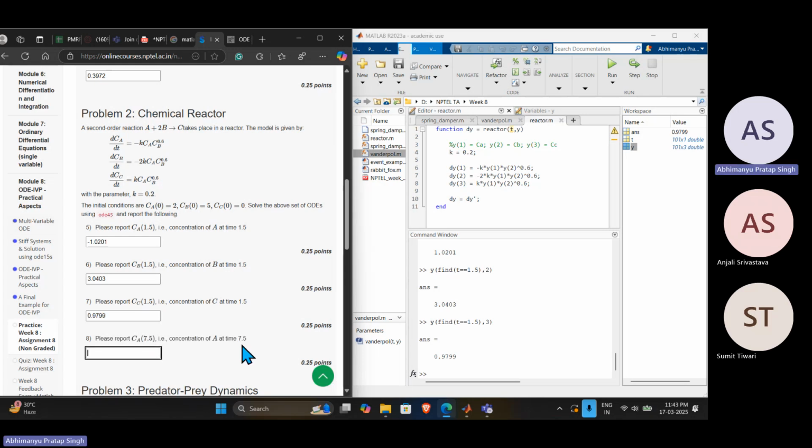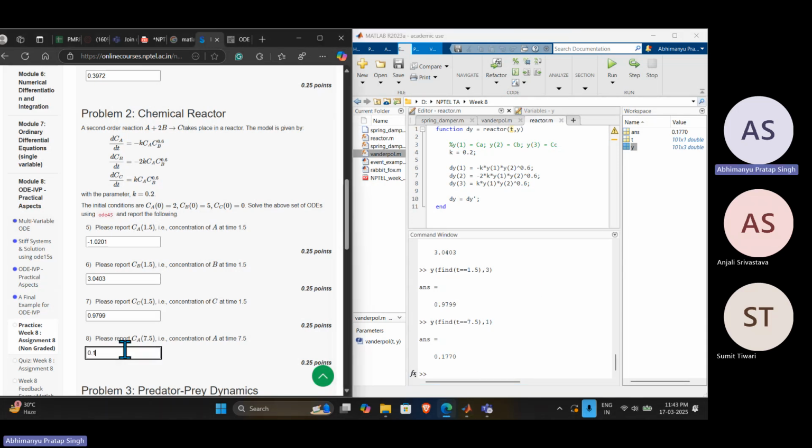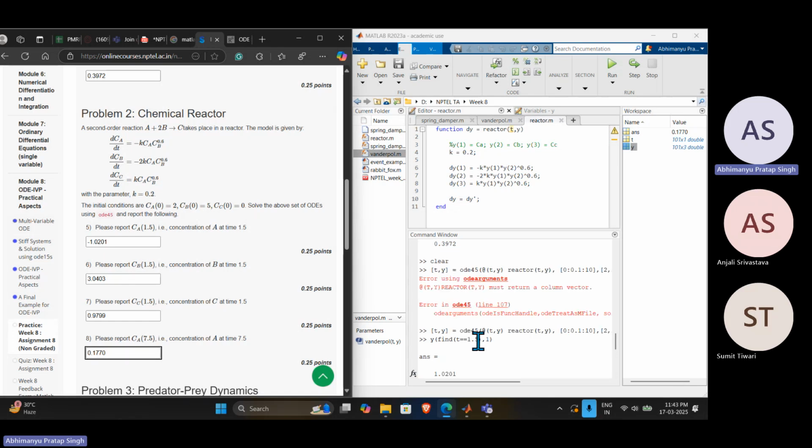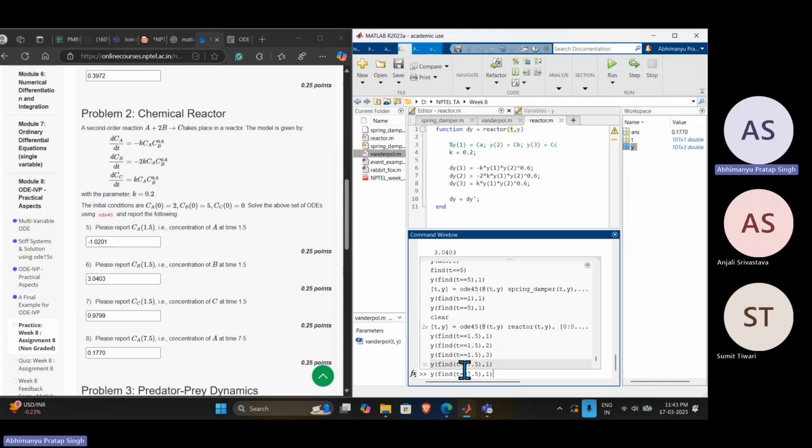And then at t was 7.5. So I will just change this to 1 and this as 7.5. Yeah, for this you need to also make sure about the time scale that you have taken. Okay, let me just do this. So this will not work fine. t is double equal to 7.5 won't work if I don't have 7.5 in the t vector.